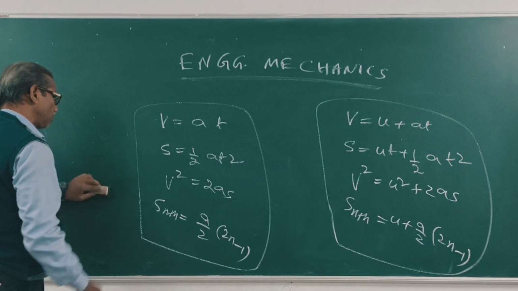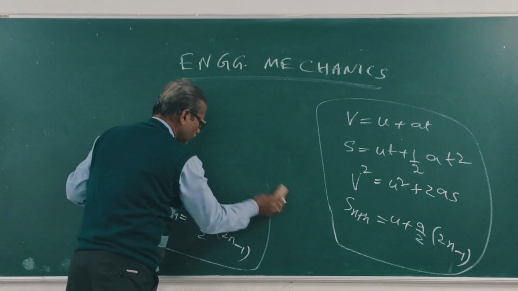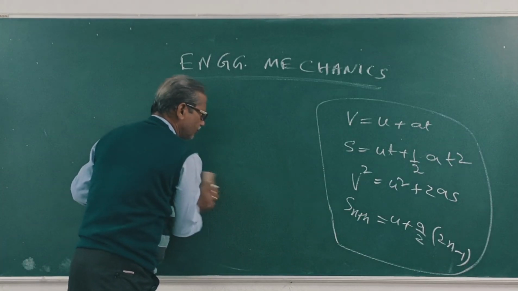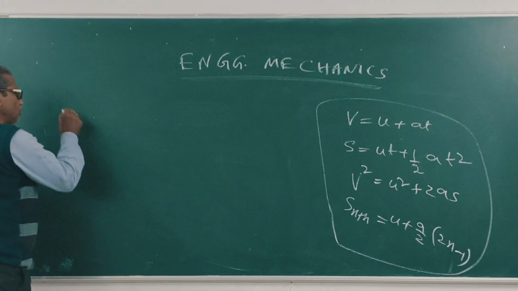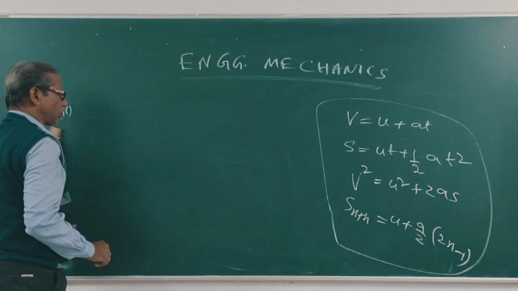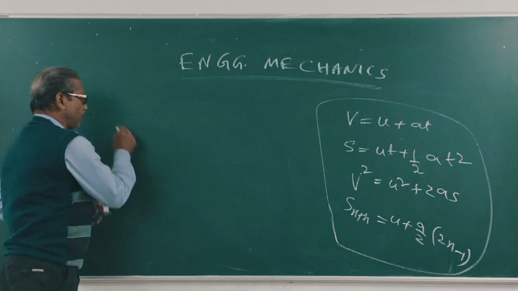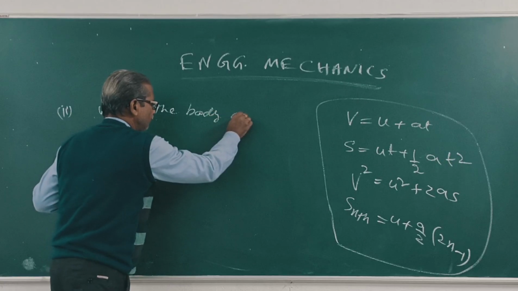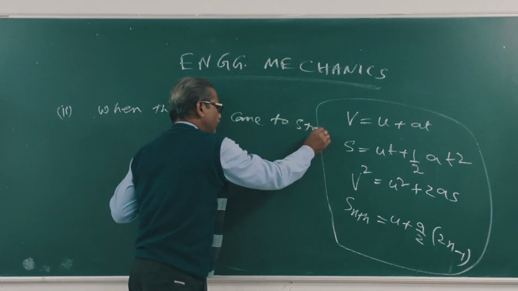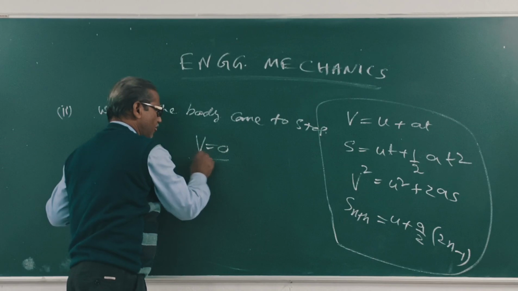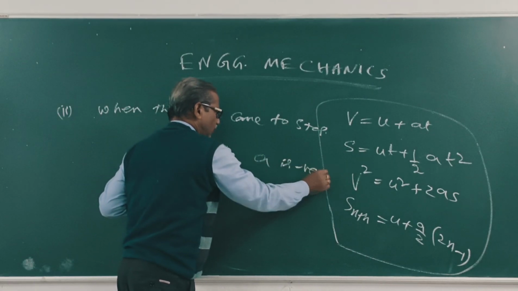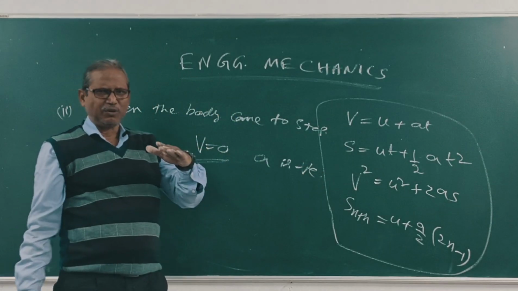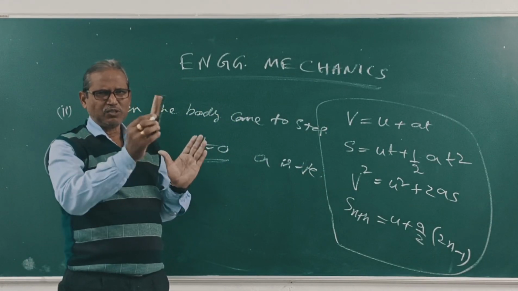Similarly, note 2. When the body comes to stop, then v is equal to 0 and acceleration is negative, right? Initially the body's velocity is u, finally the velocity is 0.